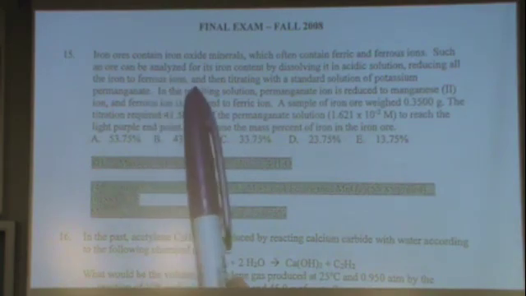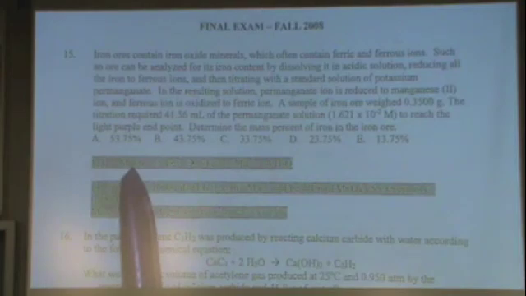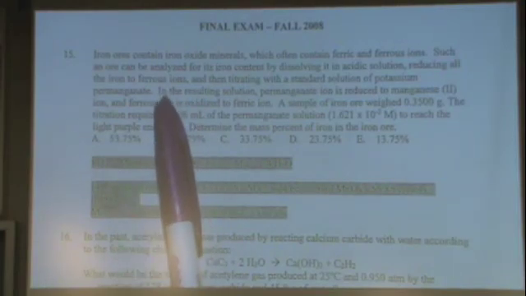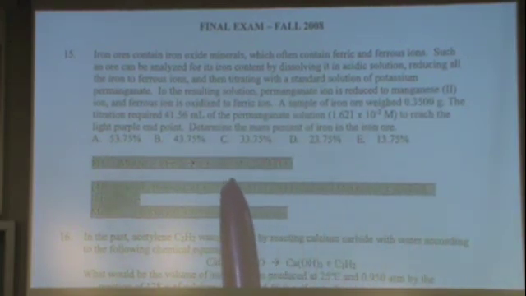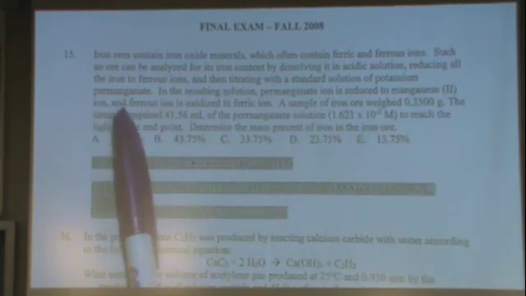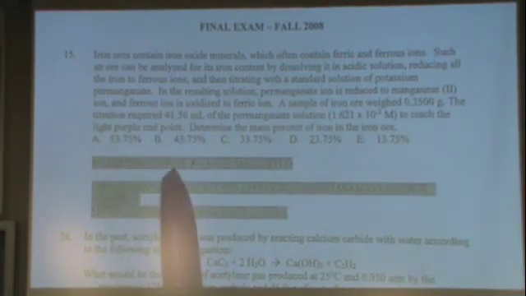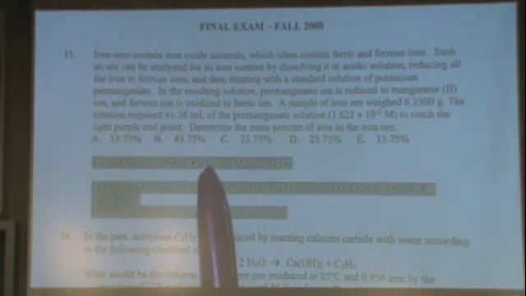That's getting close to the most important thing. And then titrating it with potassium permanganate. The permanganate is reduced to manganese 2. And the ferrous ions are oxidized to ferric.